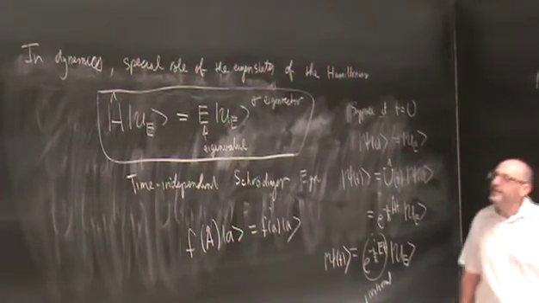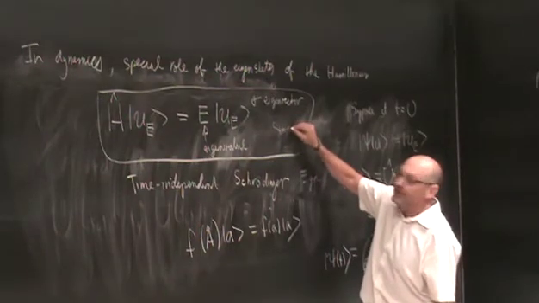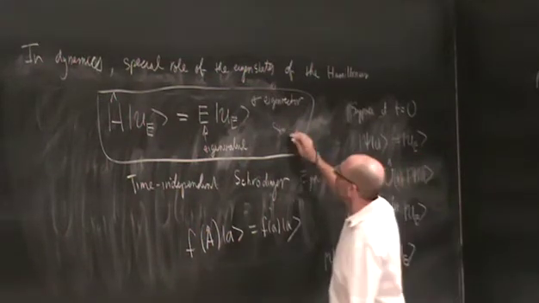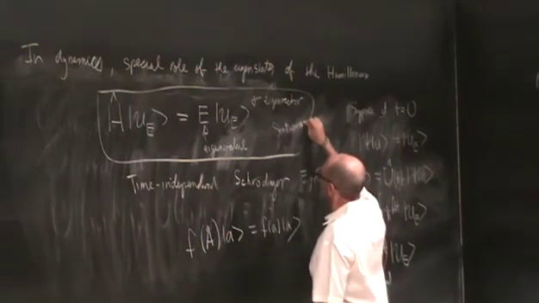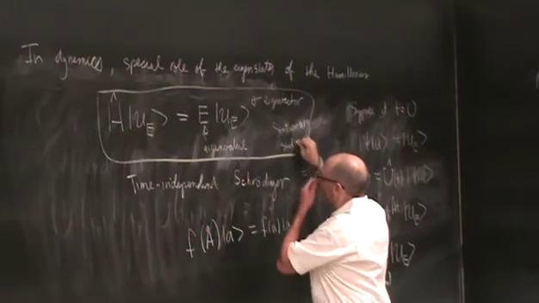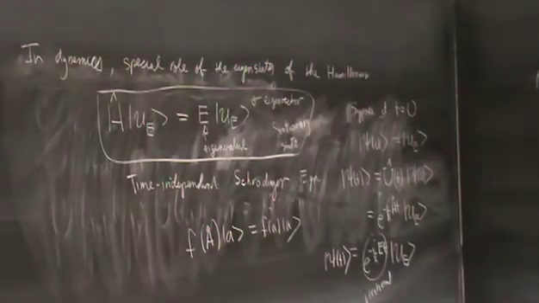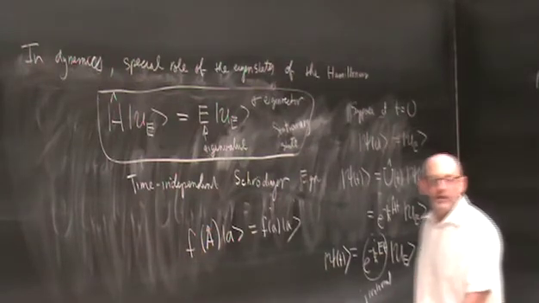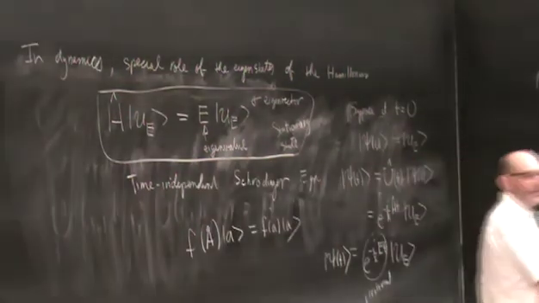That's why these things are called stationary states. You've heard that term before. In other words, if you are an energy eigenstate, you are a stationary state. Nothing would ever change. You would measure the same thing every time, no matter what time at all. These were the Bohr orbits.